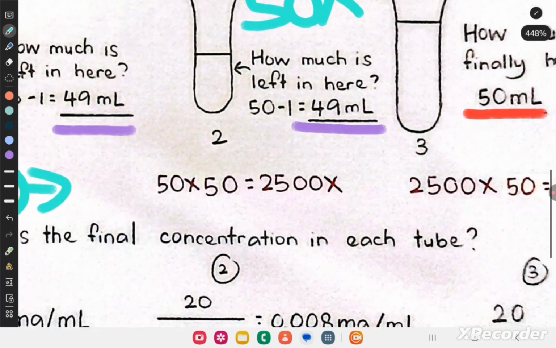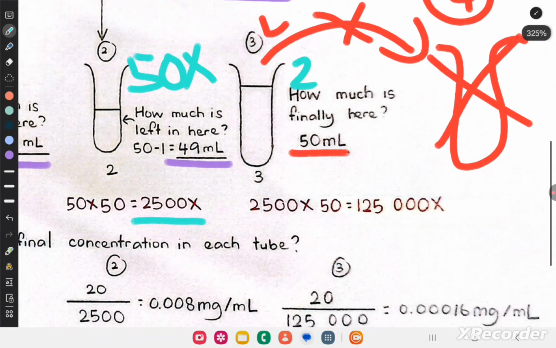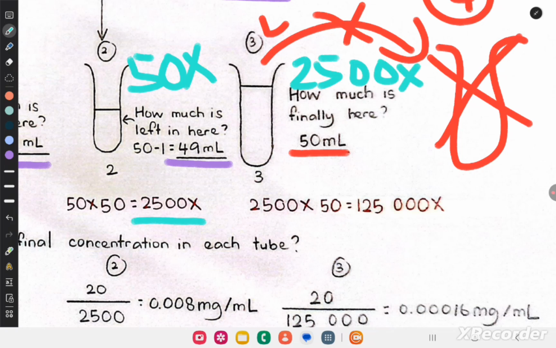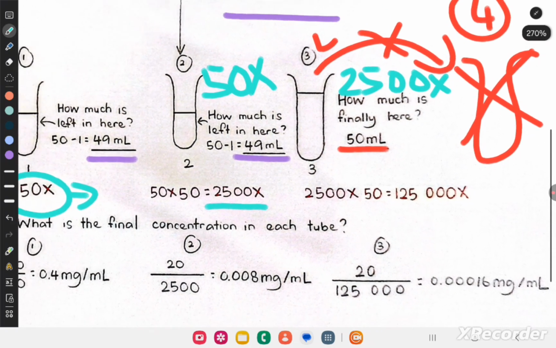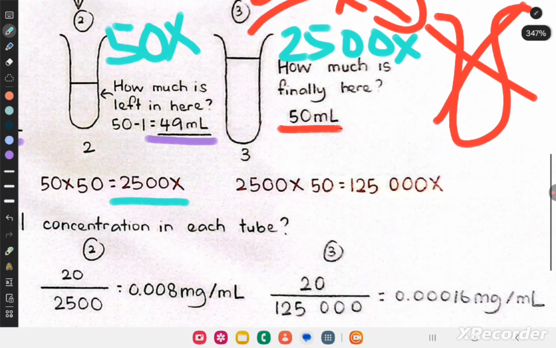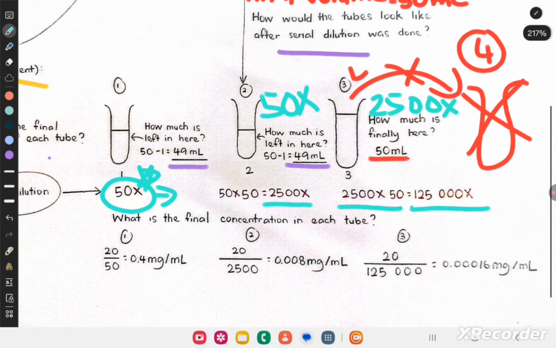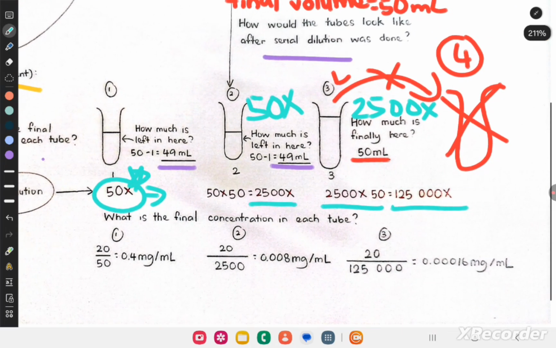So we get 2,500. And then the third test tube now has 2,500, and it needs to multiply again with this 50. So we multiply again and we get 125,000 dilution factor.